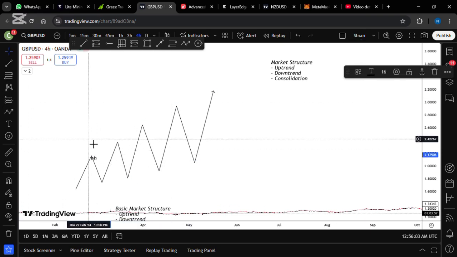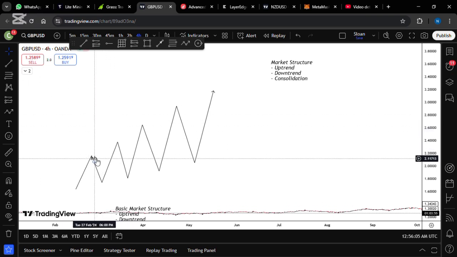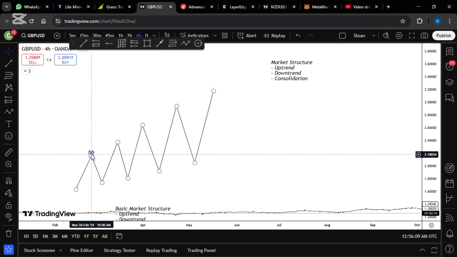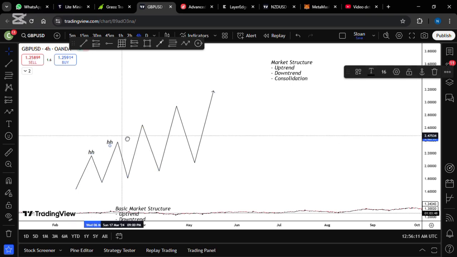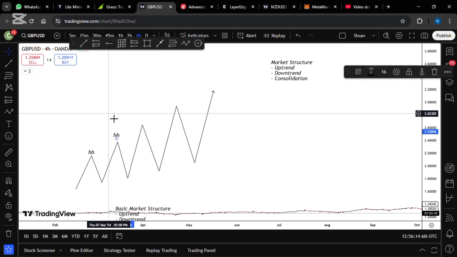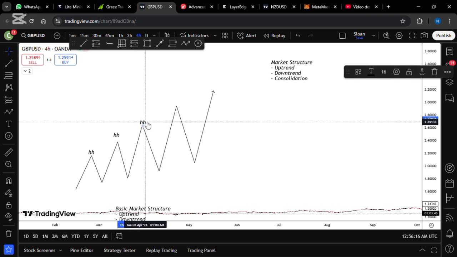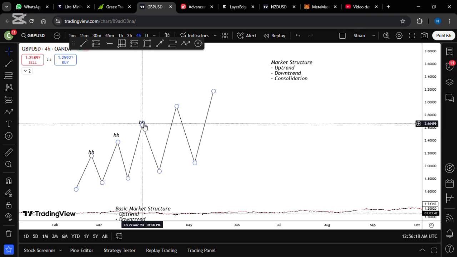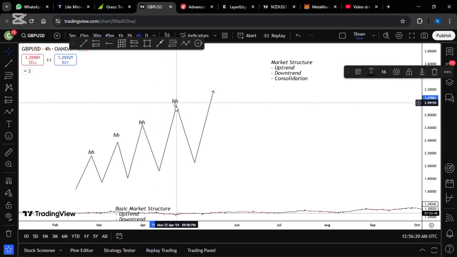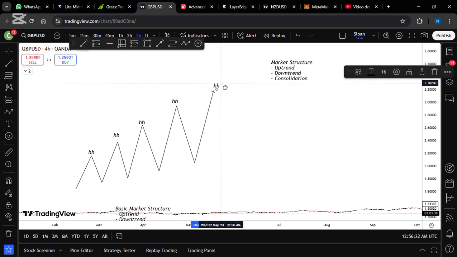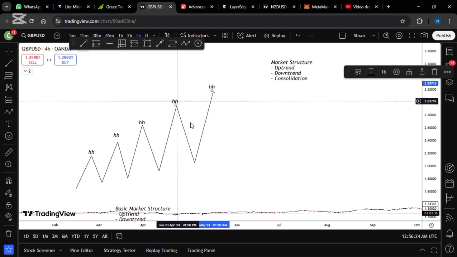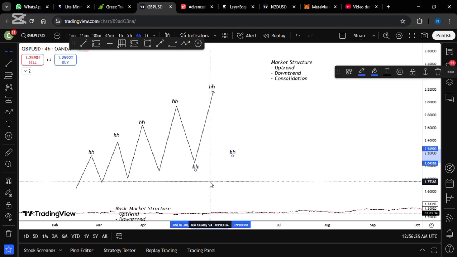Let me just mark this out so that it won't be much of a difficulty. This is for an uptrend, creating higher highs and higher lows, and then for the low now.